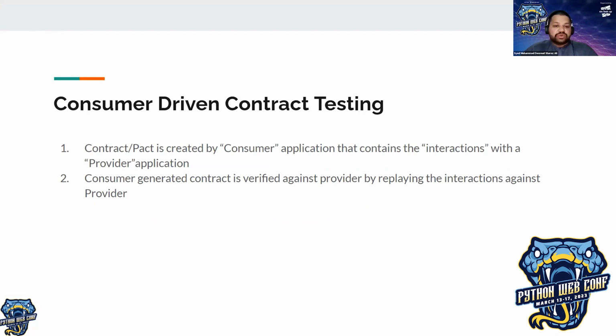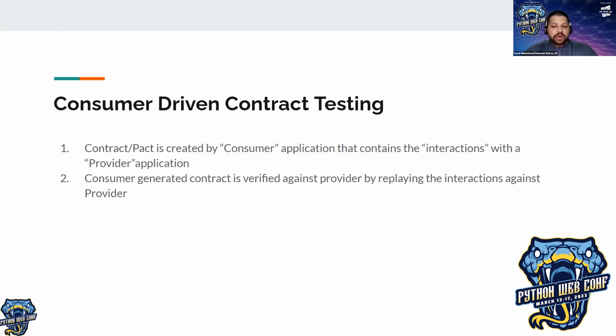Now we'll jump into consumer-driven contract testing. There are mainly two types of contract testing: one is consumer-driven and the second is provider-driven. Consumer-driven is the one that is used a lot and is popular, so that's why I'm focusing on this. Consumer-driven contract testing is essentially a two-step process.